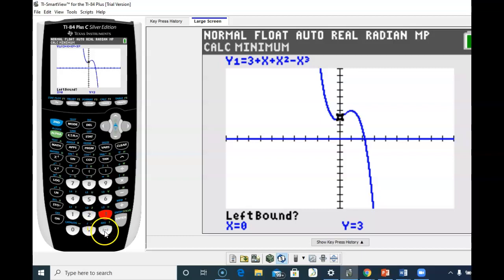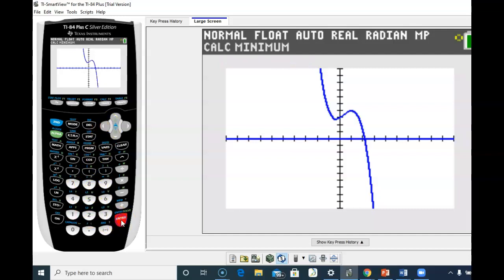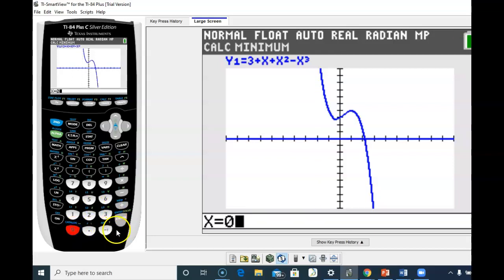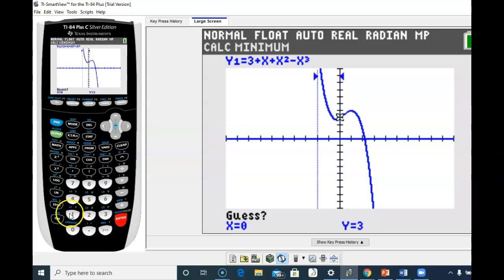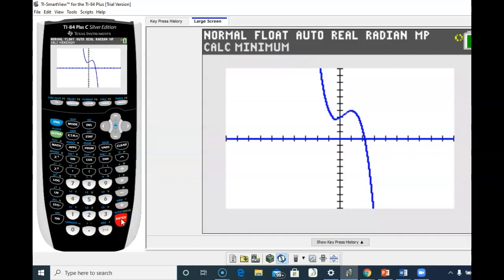And I'm going to type these in this time. For my lower bound, I'm going to say negative, actually let me say -2, because I want to make sure that I'm far enough to the left of that. My right bound, let's just say 0. And my guess, I'm going to guess 1 or -1. So I find that I have a minimum of negative, this is -1/3. And the coordinates of that would be -1/3 and then this 2.814.